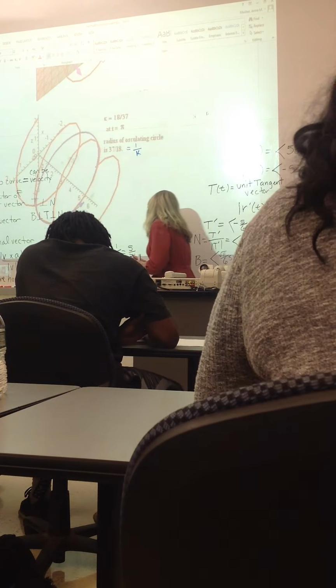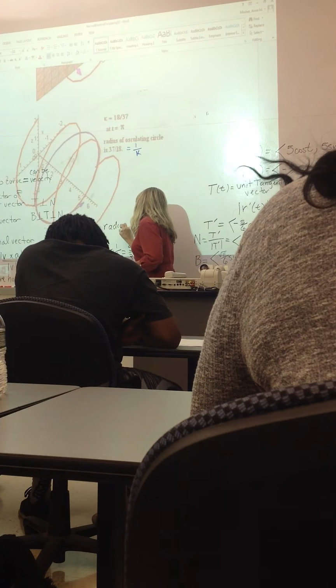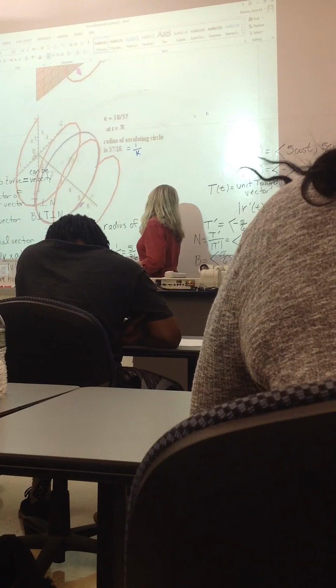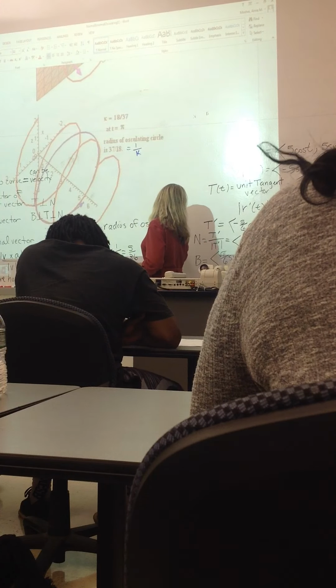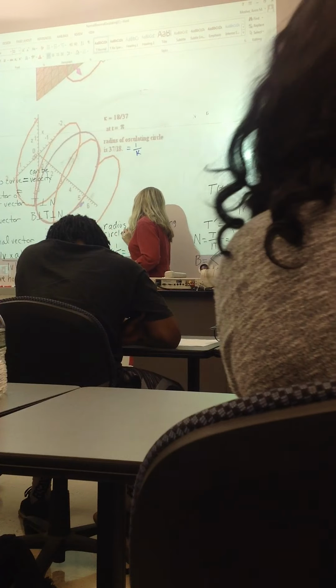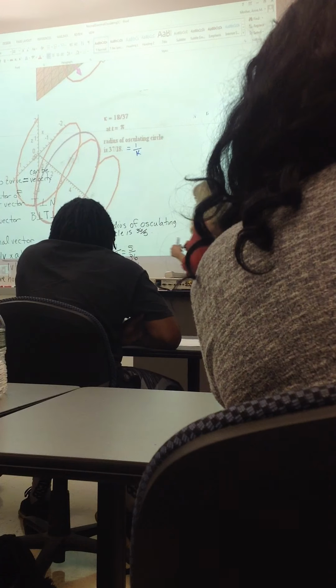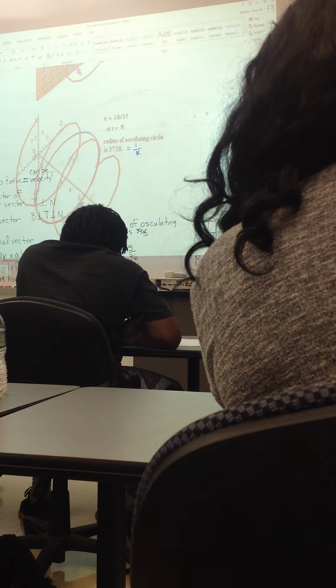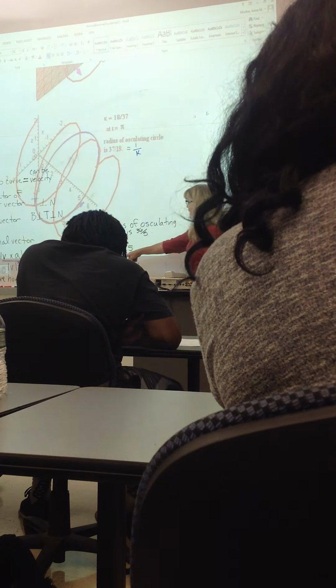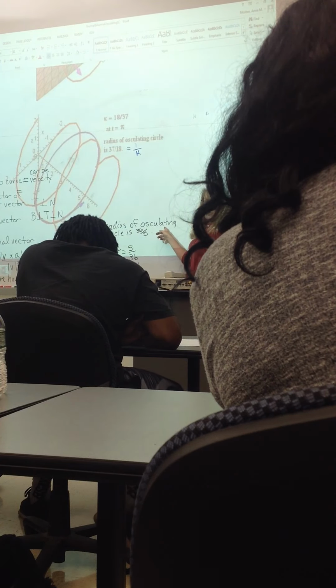So for our example here, the one that we've been working on, the radius of the osculating circle is 36 fifths. So again, think about it, the bigger K is, the more curvy, the smaller this circle's going to be.